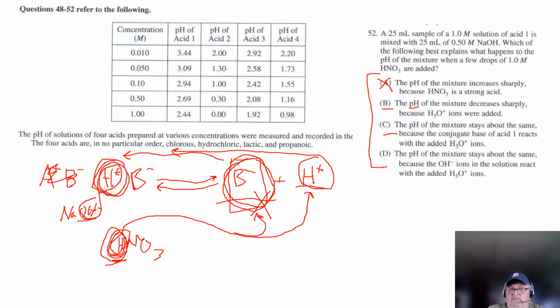So we're pretty sure it's C, but let's look at D: the pH of the mixture stays about the same because the OH ion combines with the added H. No, the initial OH minus reacted with the H plus of the acid. All right, so hopefully you can see how that works.